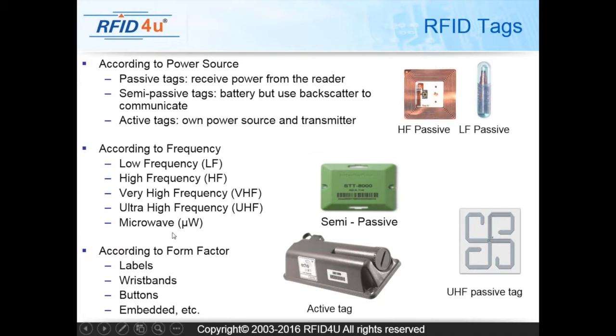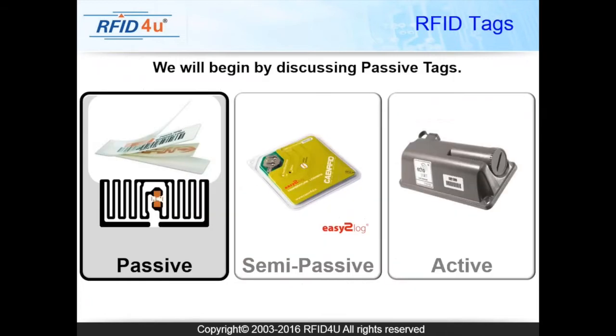And also, remember, the core of the RFID tag is the inlay itself, and so we can encapsulate that inlay into many, many different form factors, so we can put it into labels, into wristbands, into buttons. We can put it into laundry tags, etc. So that's by form factor. So these are the most common ways of categorizing or classifying RFID tags.